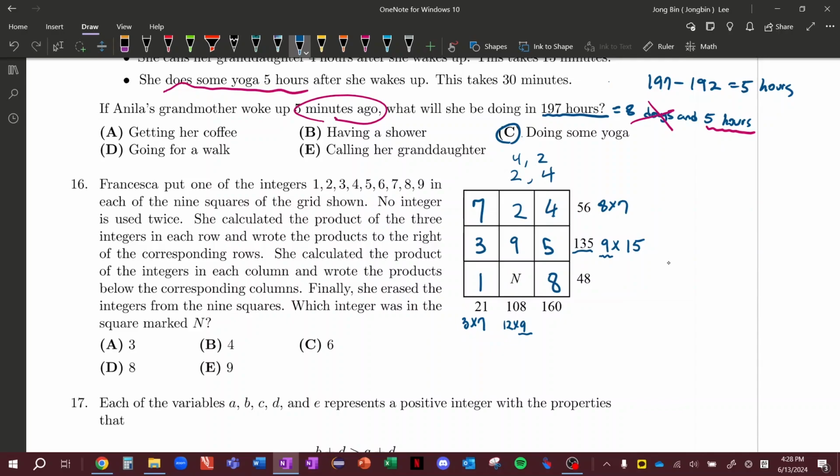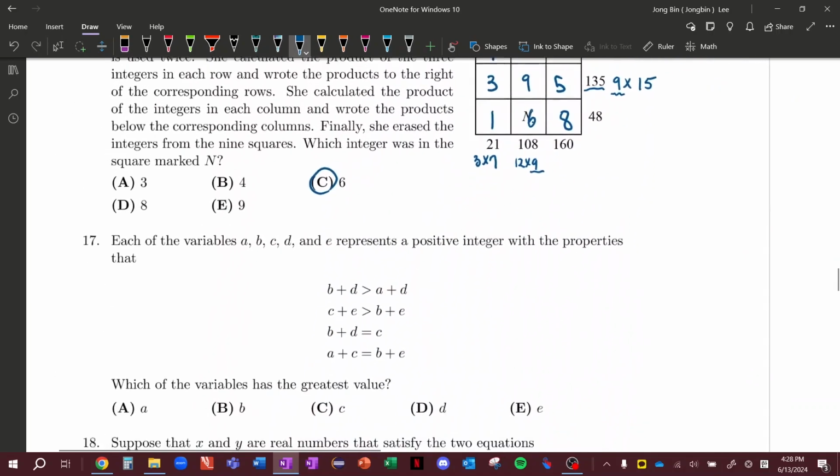So this automatically leaves us with our n, which is 2 times 9 is 18, and 18 times 6 is equal to 108, which works perfectly fine. We never use the same digits twice, so that would be our final answer, C.